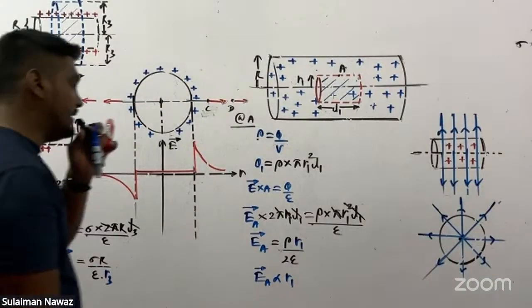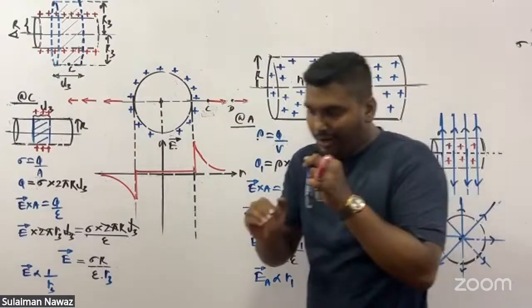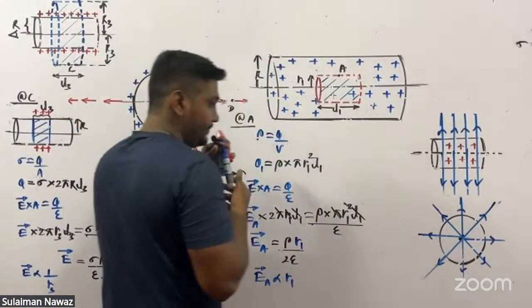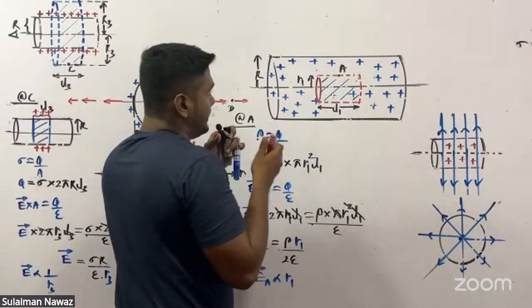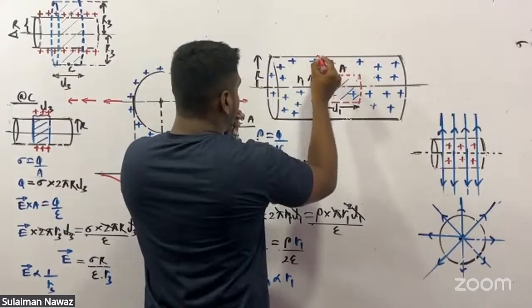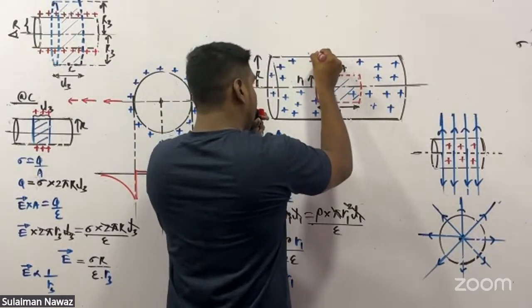Shall we find the intensity at a point just outside? Intensity at a point just outside the Gaussian cylinder. Just outside. In this case, my Gaussian surface is going to be just outside. This is my Gaussian surface.